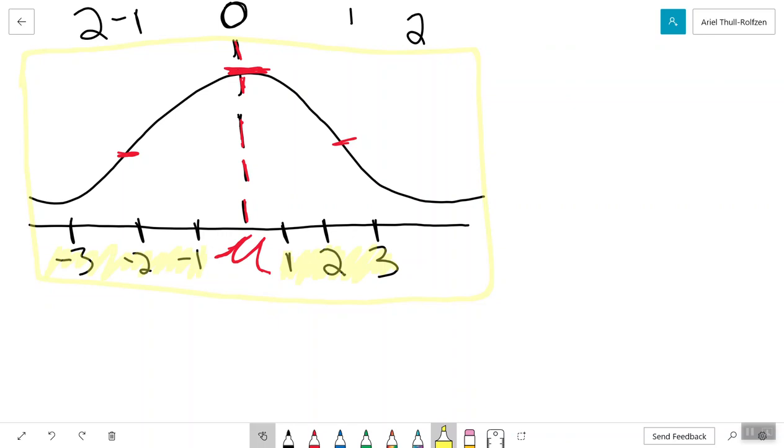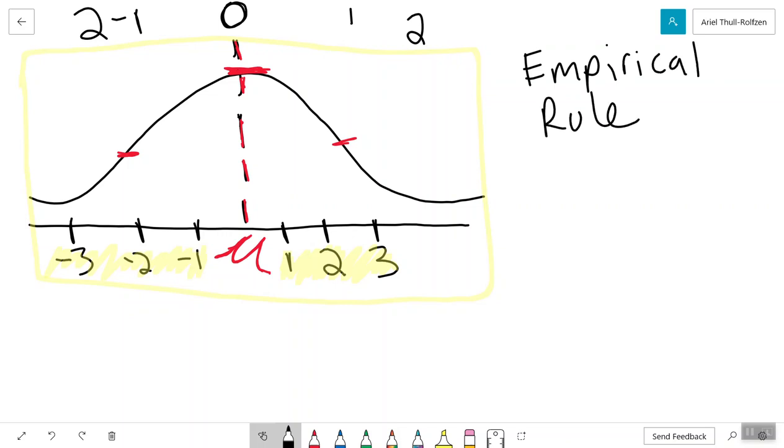And this is what brings us to the empirical rule, also called the 68, 95, 99 rule.